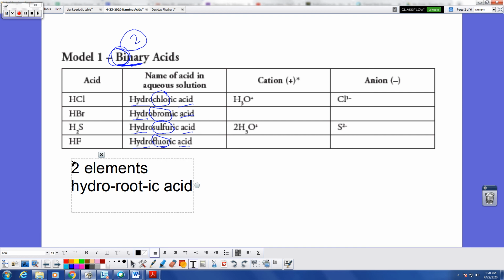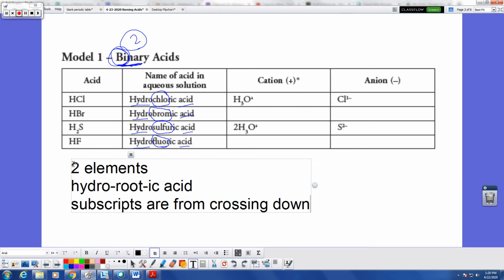Okay, subscripts are from crossing down. Oxidation. Okay, cations. Now, here, this calls it an H3O plus ion.